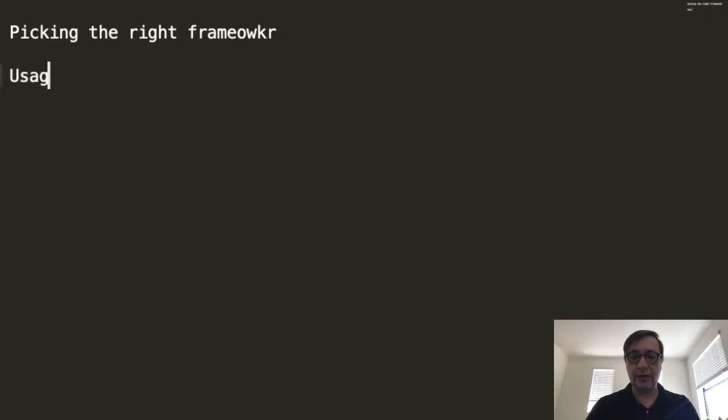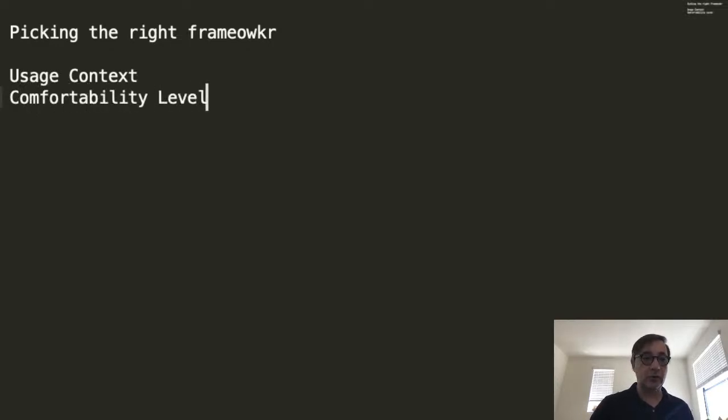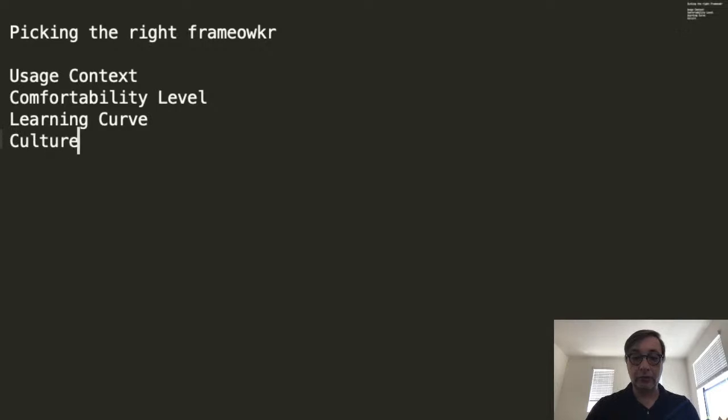So first of all is the usage context, right? This is very important. The second one, comfortability level. So you look at both of them, which one makes you feel more comfortable to use? That's very important because at the end of the day, you're going to be the one that's going to lead this and drive this. So you have to be comfortable with that. What about also the learning curve? So the learning curve not only for you, but for your employees and to disseminate that through your organization. The other aspects are about the culture, the deployment easiness.